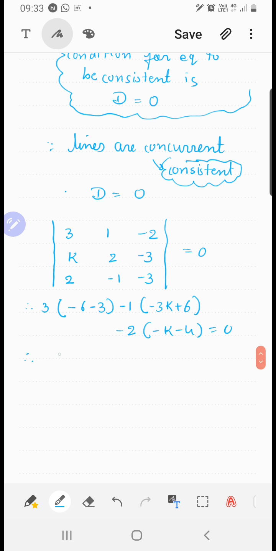What I get is minus 9, 9 3s are 27, plus 3k minus 6 plus 2k plus 8 equal to 0. Therefore I get 5k plus 2 minus 25 is equal to 0. So that gave me k equal to 5.